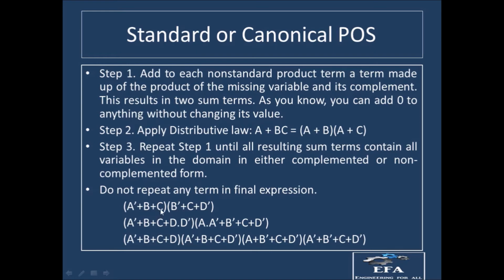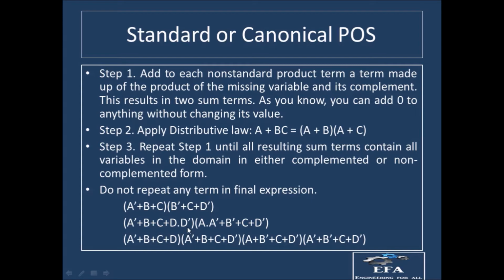So can we add 0 to this term and 0 to this term? That is, 0 will be there for D in the first term, and that 0 will be there in the second term for A. So we will be having A bar plus B plus C plus 0, and that 0 stands for D into D bar, right? Whenever we have D into D bar, this is equal to 0, according to the rules and laws of Boolean algebra.